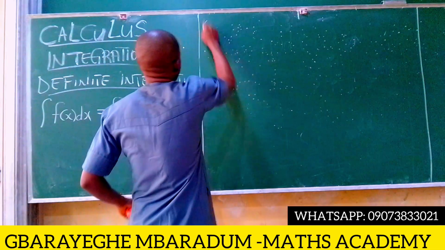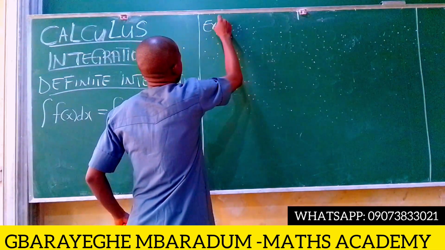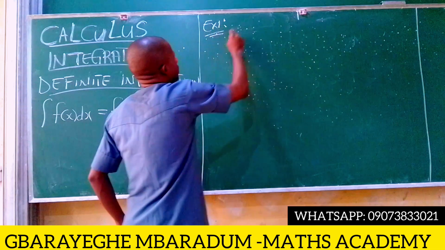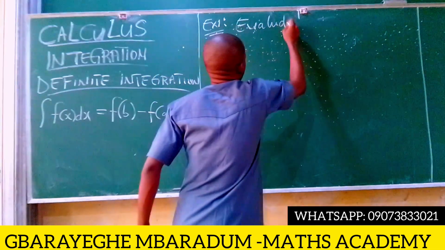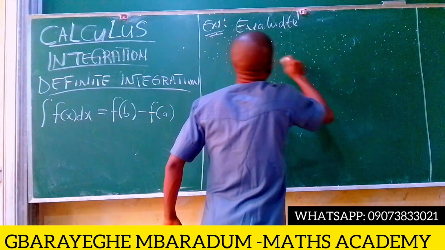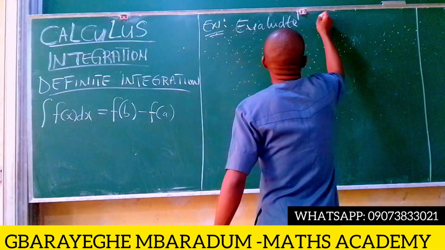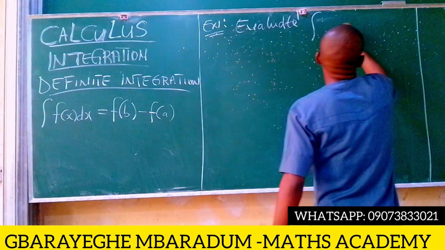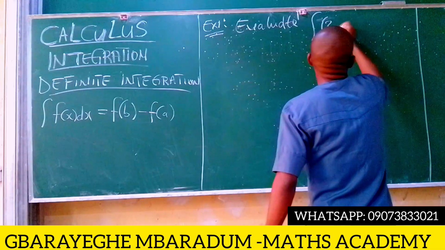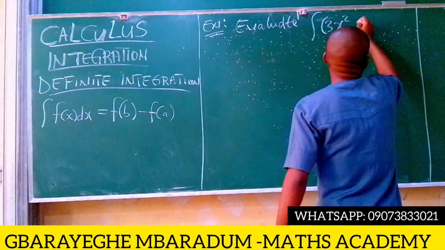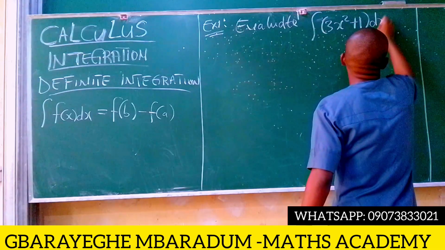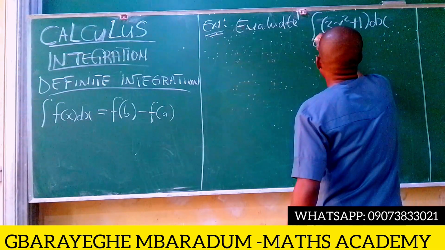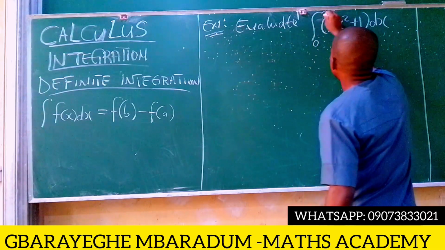Now for example 1, they say we should evaluate the integral of 3x squared plus 1 dx as the integral goes from 0 to 2.